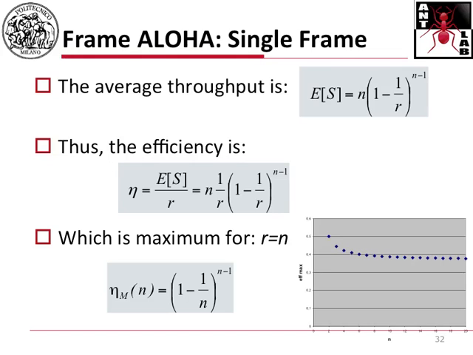So if you take this expression of efficiency, again, the number of successful transmissions, or better, the number of slots which are used for successful transmission over the entire number of slots, if you study this expression, what comes out is that there is a maximum value for this efficiency, which is when the number of slots in the frame, the variable R, is equal to the population size.